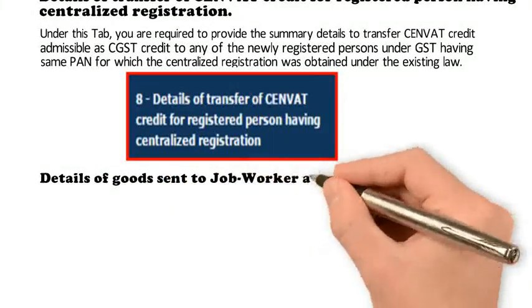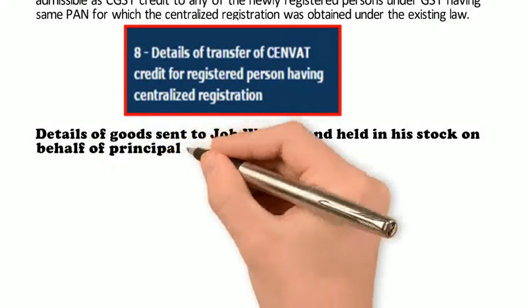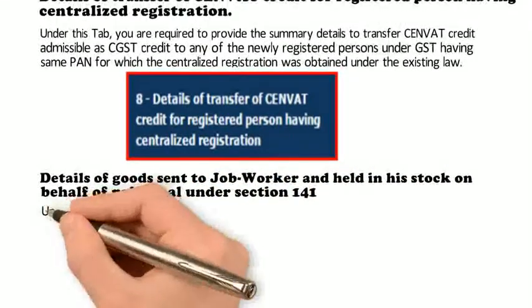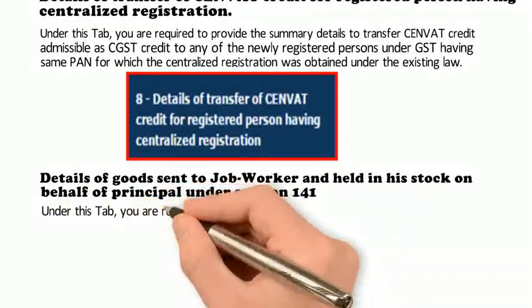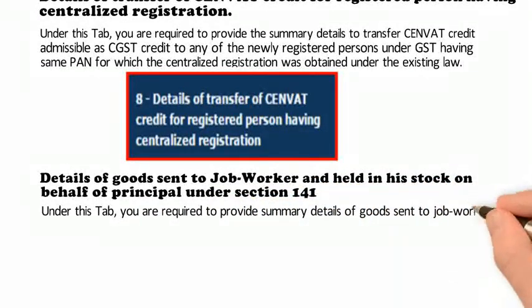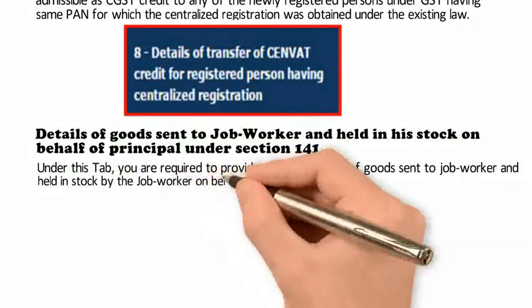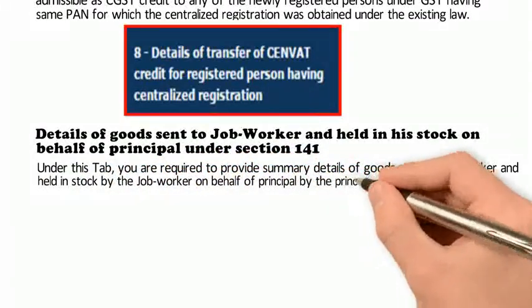Details of goods sent to job worker and held in stock on behalf of principal under Section 141. Under this tab, you are required to provide summary details of goods sent to job worker and held in stock by the job worker on behalf of the principal, by the principal and agent.